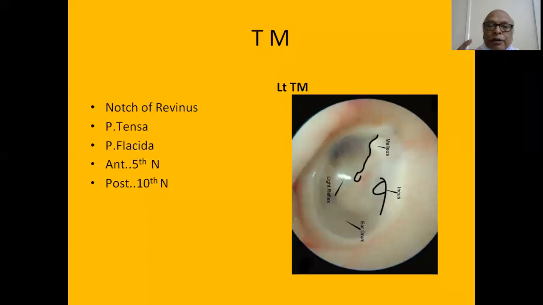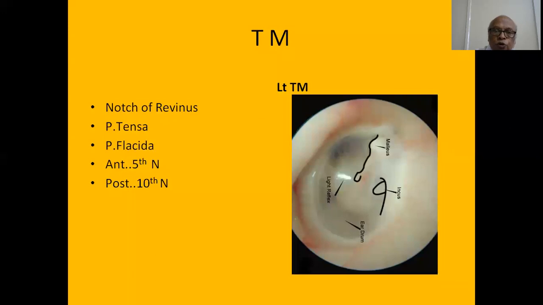Now the external ear and the middle ear are situated in relation to the tympanic portion. The tympanic membrane is lodged in a groove in the external canal.